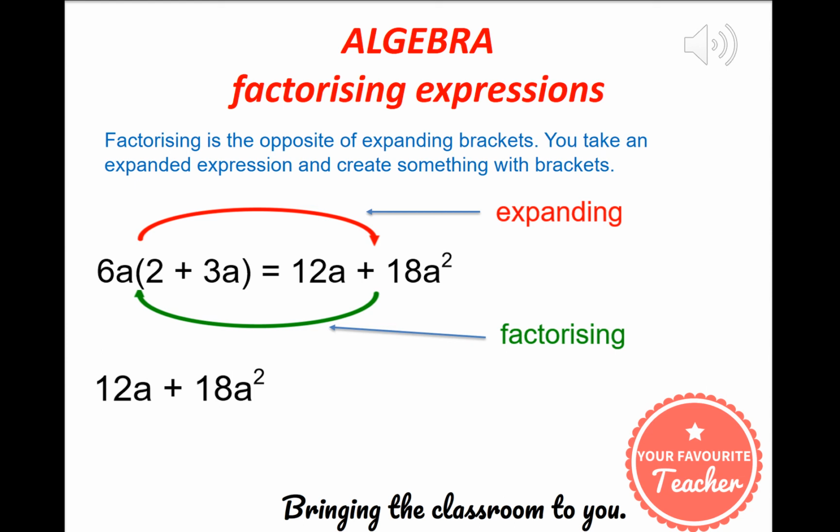So the highest common factor of 12 and 18 is 6. And I know that there is an a in both of the expressions. So in other words, the highest common factor of 12a and 18a squared is 6a.